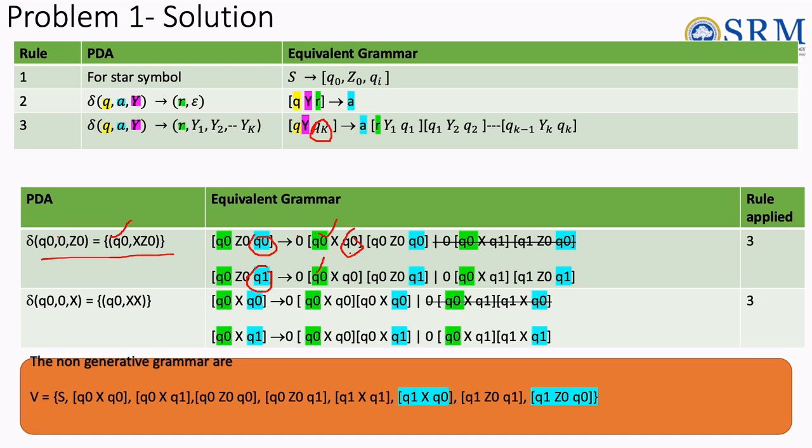Why can't it be Q1? I have written a production for that also. So it could be Q0 or Q1. First we will deal with Q0. If it is Q0, like a chain reaction, here should also be Q0. Then insert the symbol Z0. After Z0 I don't have any symbol, right? So I need to end this. For ending this, what was the rule? Here Qk and this Qk should be equivalent.